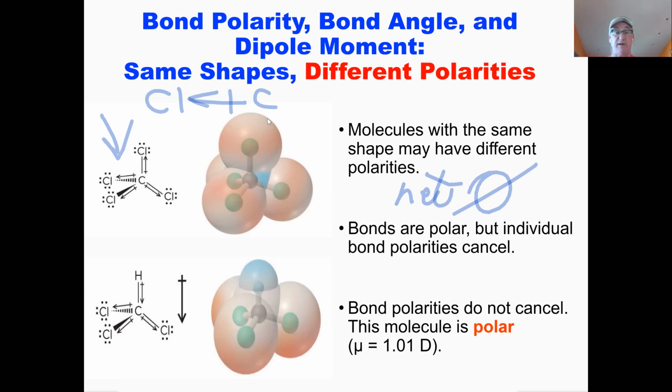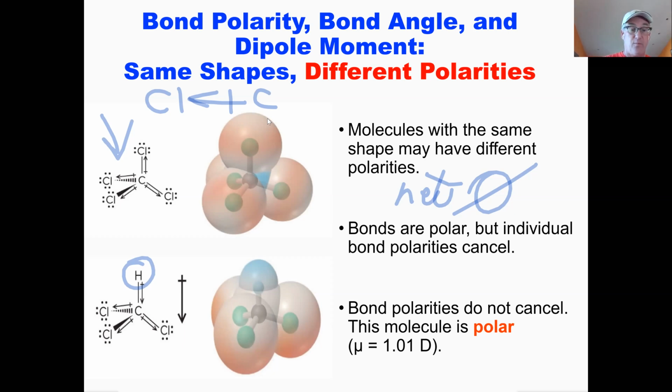But all you need to do is make one substitution: change one of those chlorines to a hydrogen. Now we have three dipoles pointing away from the carbon, and one of them pointing towards the carbon. Carbon has slightly more electronegativity than hydrogen does, and so it pulls electrons away from the hydrogen.